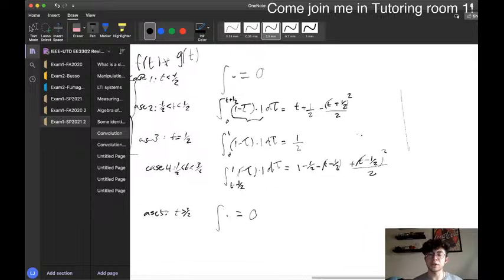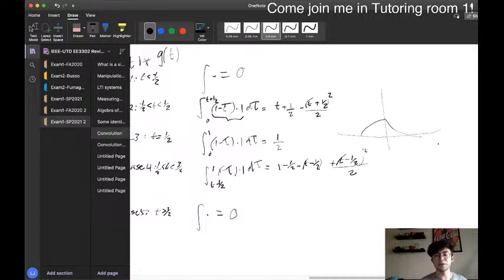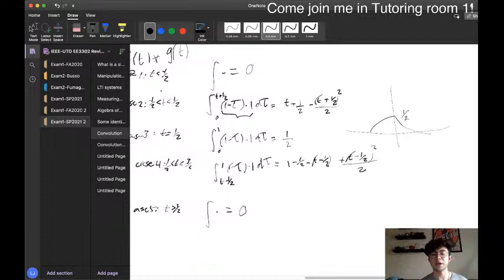So what this would look like if you were to draw out the function is that it's going to look something like this. I could be a little inaccurate there, where the maximum value is 1/2. And then everything outside of 3/2 is going to be 0, and everything below negative 1/2 is going to be 0.